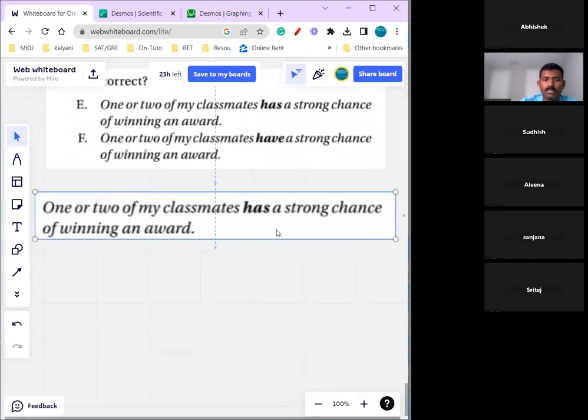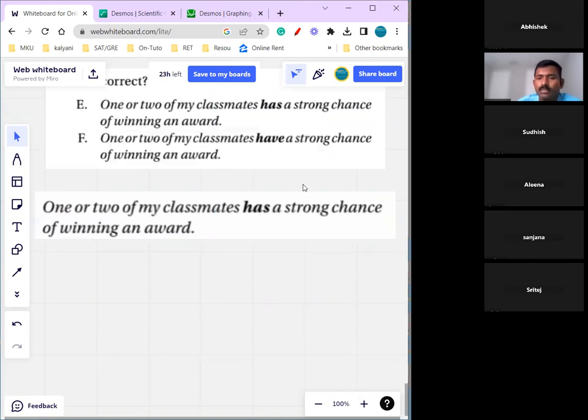First of all, when I see the sentence, I'm going to start trimming it. "Of" is my prepositional phrase, so I'm going to start taking it off from there. And also I can see "of winning an award." So I can take that off, and then now I can read it one more time.